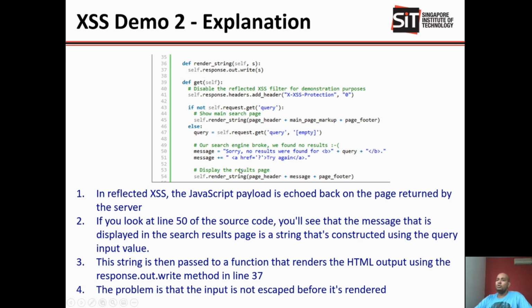So the problem is that the input is not escaped before it is rendered. So anything that you give as input in query, all of that will be rendered in the browser, not just a legitimate string. If you put a JavaScript here, this string and the JavaScript and the query, everything will be rendered as HTML by the browser.